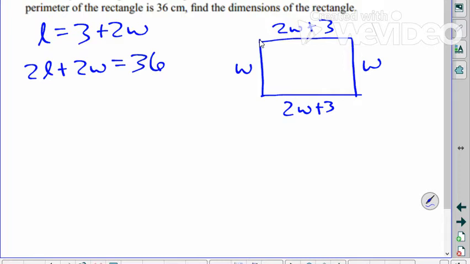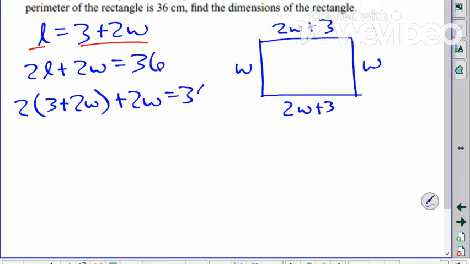And we could solve this in a number of different ways here. It already says L equals, so it's set up for a substitution. So we could do 2 times the other name for L, which is 3 plus 2W, because the first equation says that L is the same thing as 3 plus 2W, plus another 2W is equal to 36.